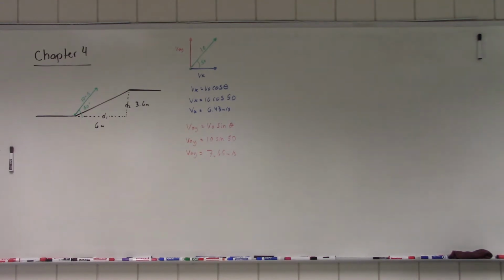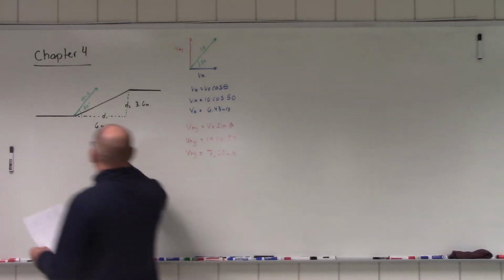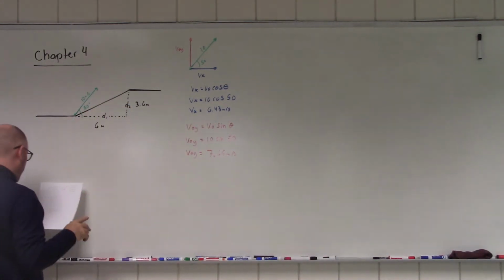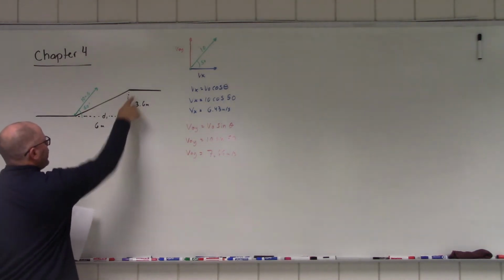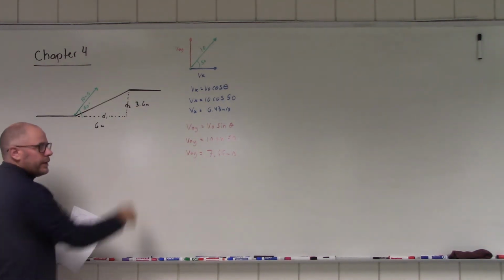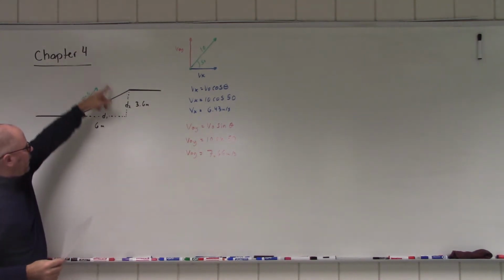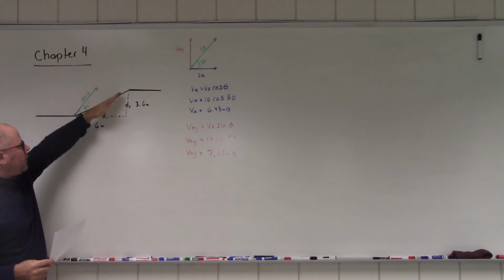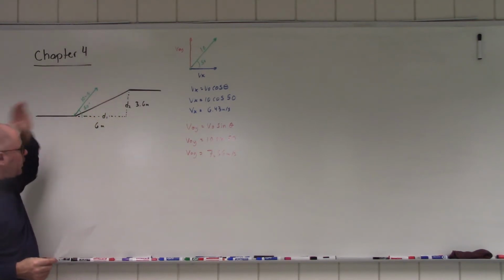The first one we're going to do is say, if the ball is launched, when it gets to a height of 3.6 meters, what is the delta x? The ball is going to go up and then come back down, so when it gets to a height of 3.6 meters, what's the delta x? That's the real question.